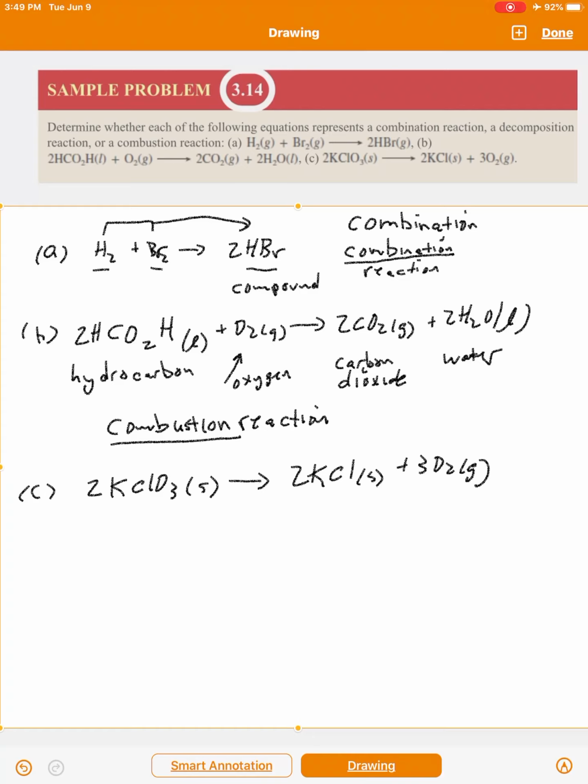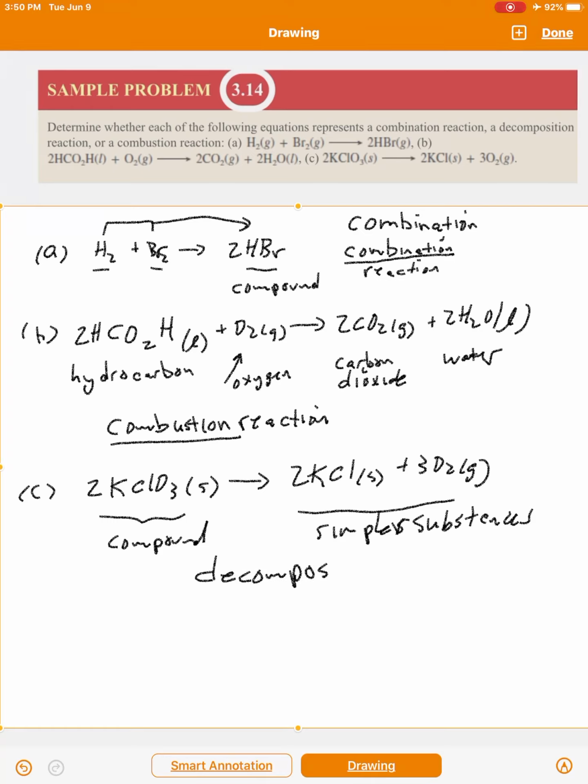So when you have a compound breaking up into simpler substances, right? That's what's called a decomposition. In a sense, it's the opposite of combination. Okay? Decomposition reaction.